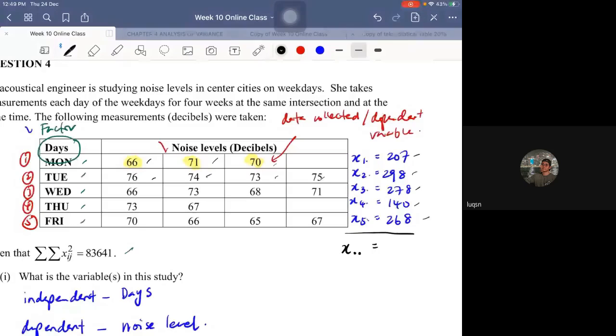After I have all these values, I need to find x dot dot. Can anyone tell me what this x dot dot means? What is the name of this symbol?